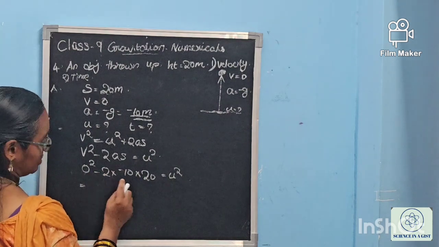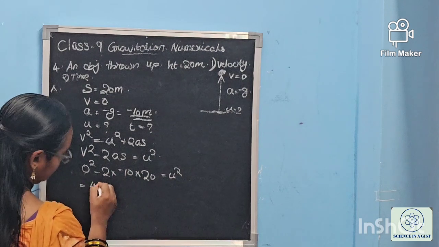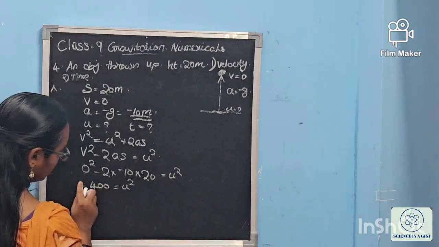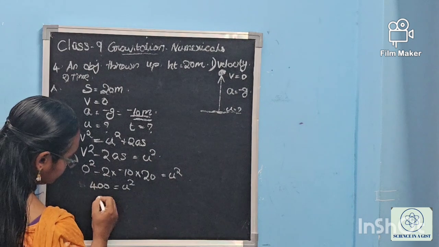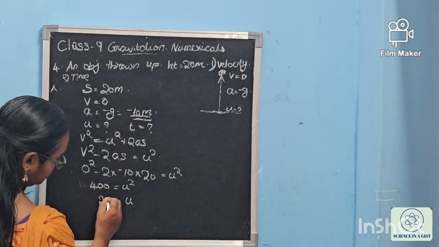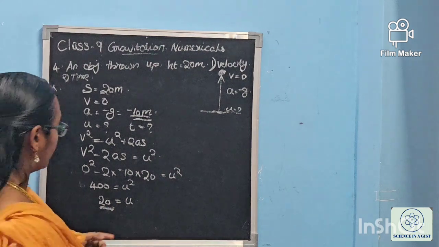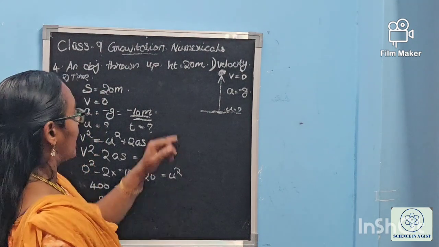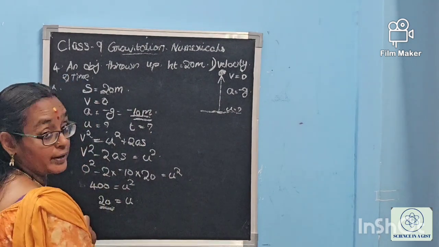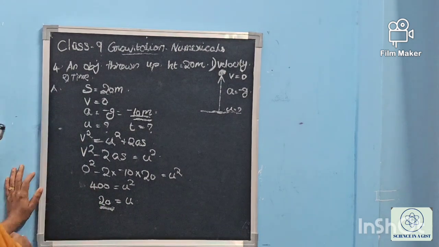Minus of minus will be plus, right? 2 into 2, 4. 400. 0 and 0. 400 is equal to u square. What is u? u is equal to 20. So initial velocity is 20 and the height also is 20. Root 400 is what? 20. That's why we are getting u as equal to 20. Okay? So u is 20.